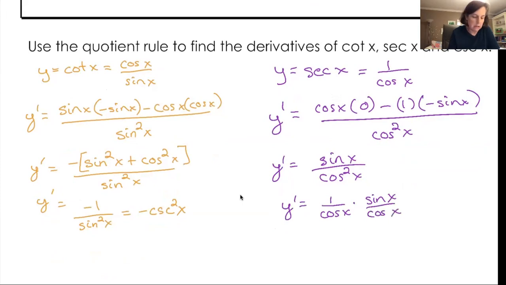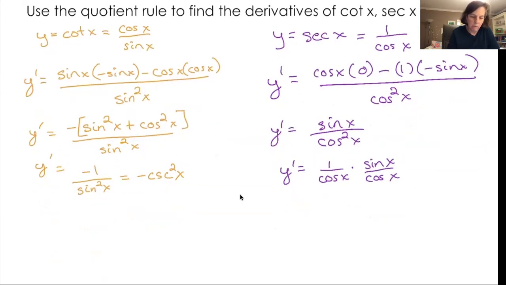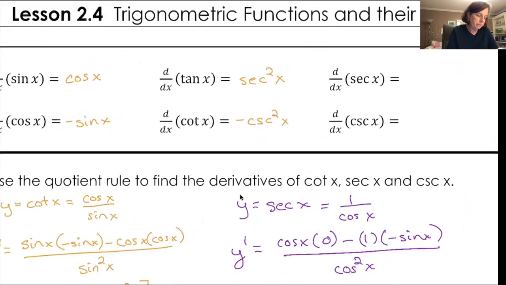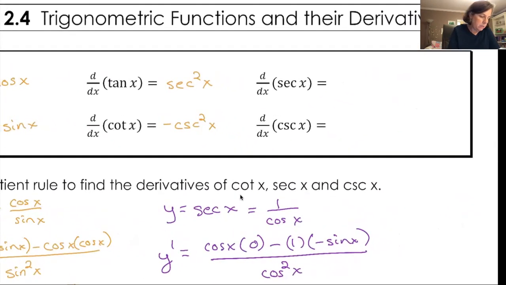Just separating that into a product of 2 fractions. All right, well, 1 over cosine is secant, sine over cosine is tangent, and it is usually written as secant x times tangent x. So the derivative of secant is secant times tangent. All right, so we can fill that in up here. Secant x times tangent x.